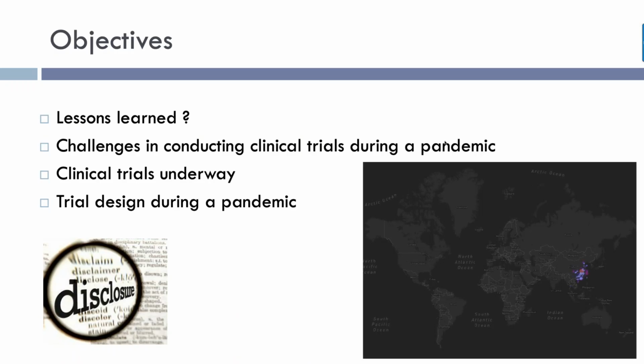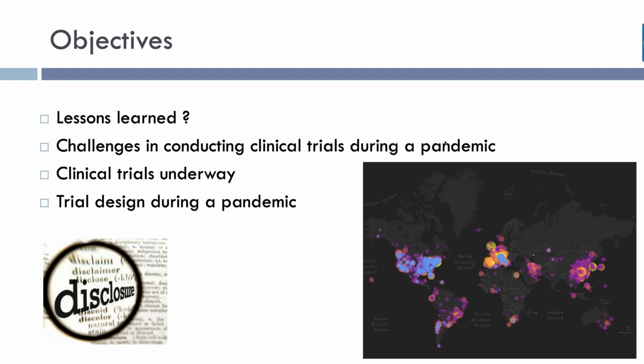So my goals really are fourfold. One, what have we learned from past pandemics in the context of sorting out therapies that either do or don't work? Have we learned anything? What are some of the challenges in conducting clinical trials during a pandemic?